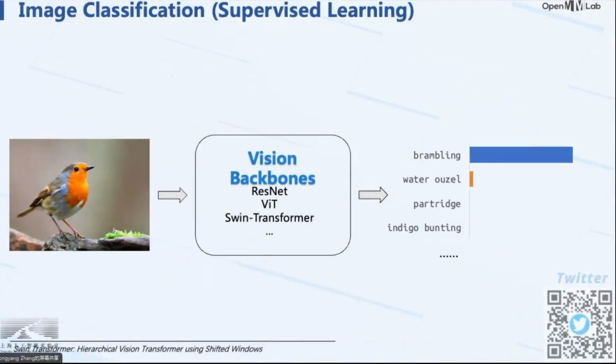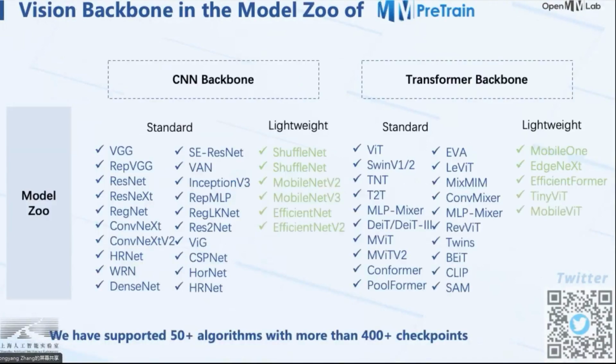Also, MMPreTrain supports traditional supervised learning, like image classification and image retrieval, where we take the image as input, give it to different vision backbones and get outputs. Actually, MMPreTrain supports a massive quantity of vision backbones, like CNN backbones and transformer backbones, from the very classic architecture VGG to recent works like ConvNeXt or EfficientNetV2.